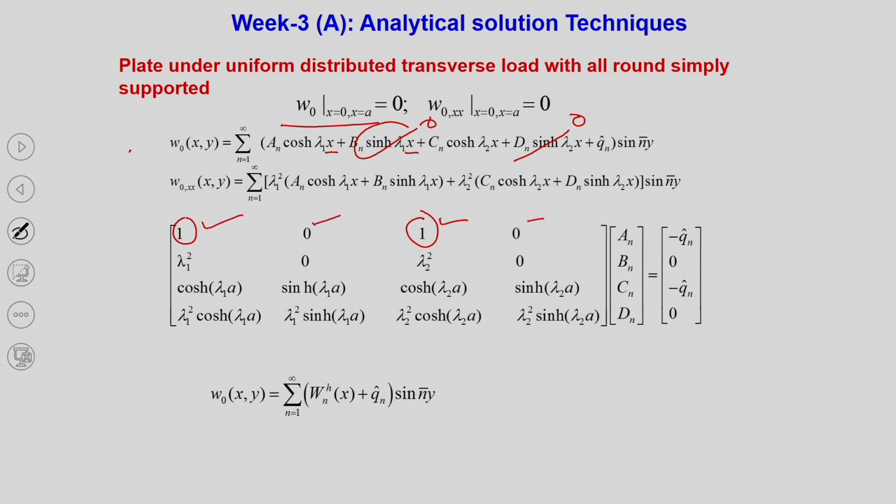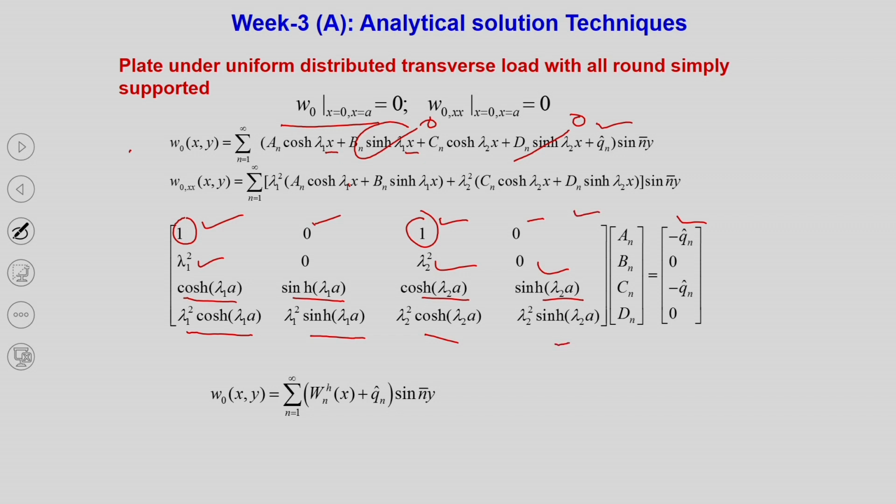Similarly for the moment, or W comma xx, when x is 0, the contribution comes from there. Then W naught at x equal to a: put x equal to a here, and it reduces like this, with lambda 1 a, lambda 2 a, lambda b, and the constant. Similarly, from the double derivative in x, you can put lambda 1 square and lambda 2 square.